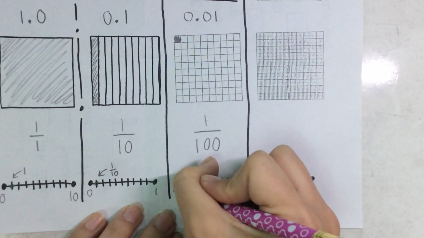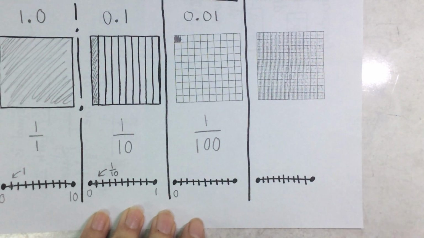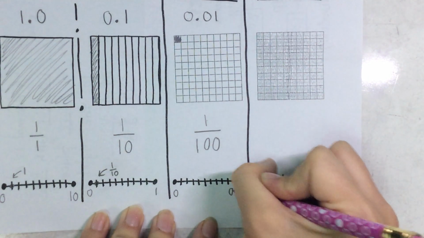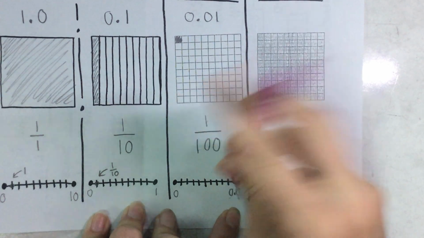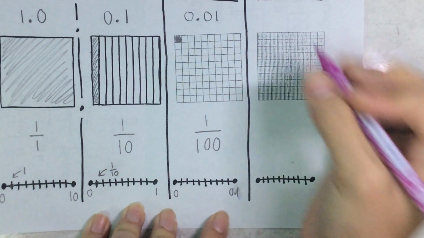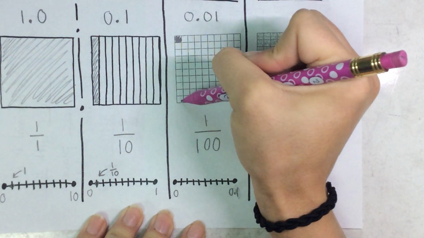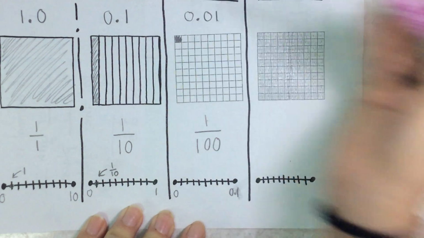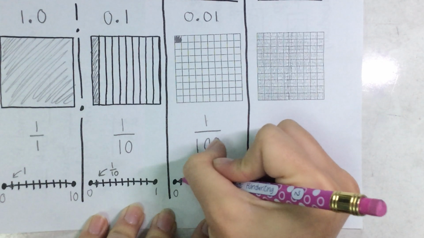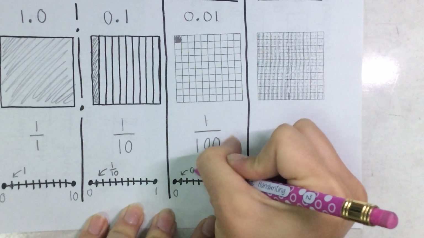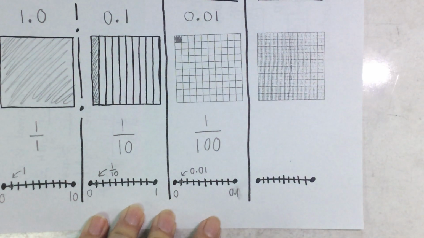Our number line is going to start at 0 again, but this time it's going to go all the way to, you guessed it, 1/10. Because if you see here, this long skinny tenth is cut into 10 equal pieces, representing our hundredths. So this one right here is going to be our 1/100th.